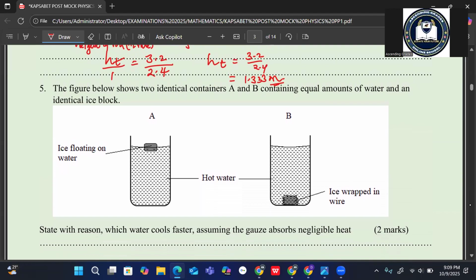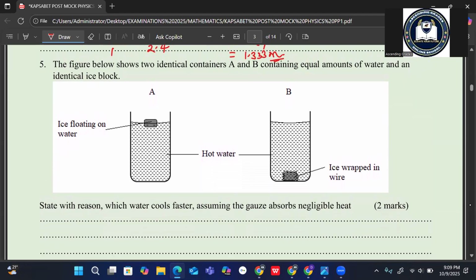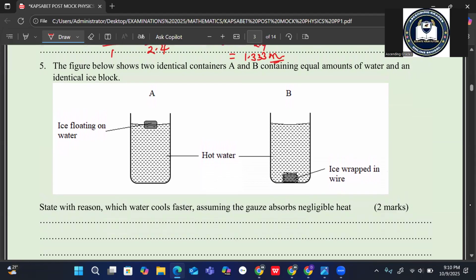The figure below shows two identical containers, A and B, containing equal amounts of water and an identical ice block. State with reason which water cools faster, assuming the gas absorbs negligible heat. So we all know that the gas is used to make the ice sink.